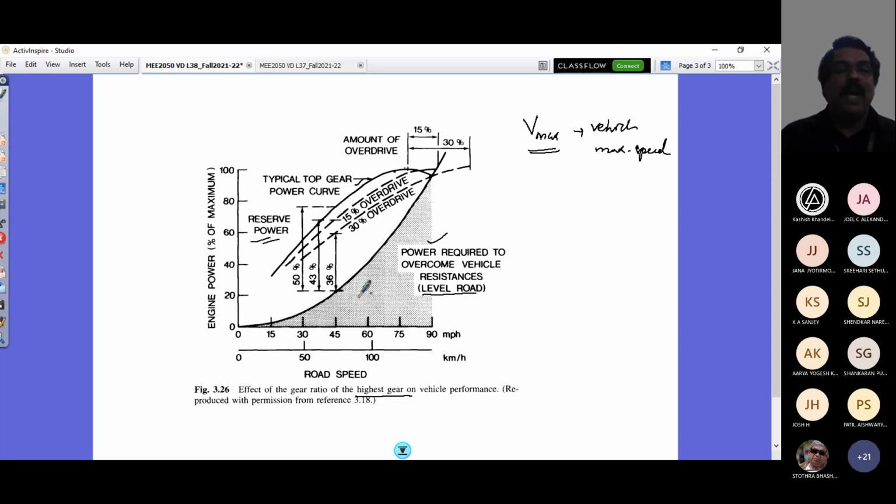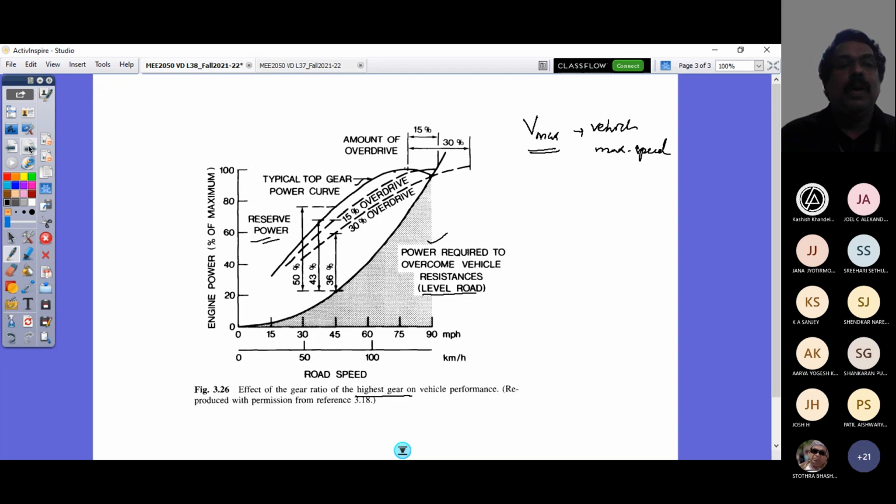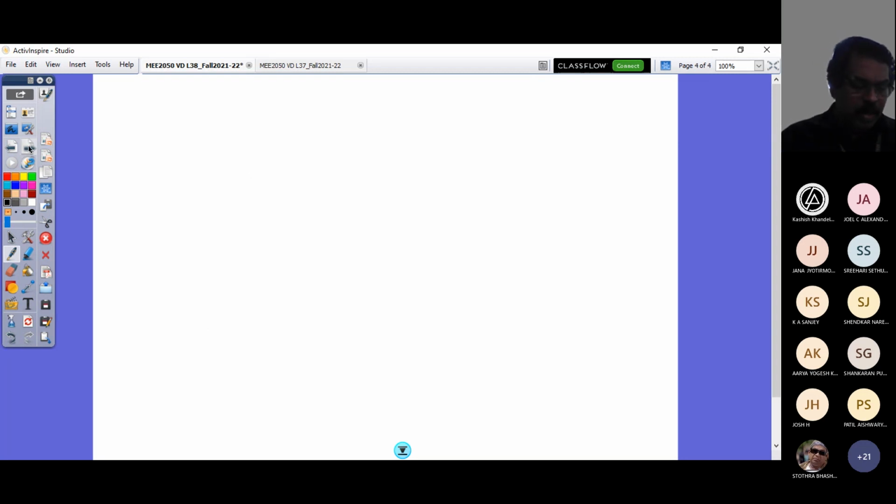So now let's look at how we are going to design our gearbox. Let me take the thumb rule for designing. Based on the gear ratio of the highest gear, the maximum speed of the gearbox is decided.